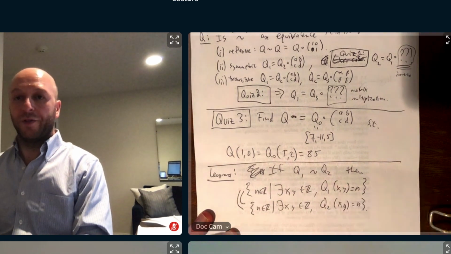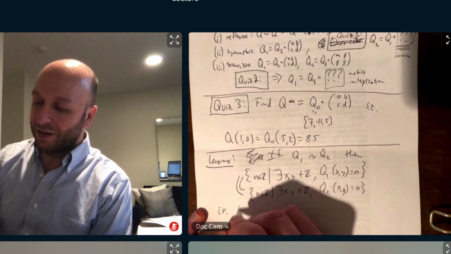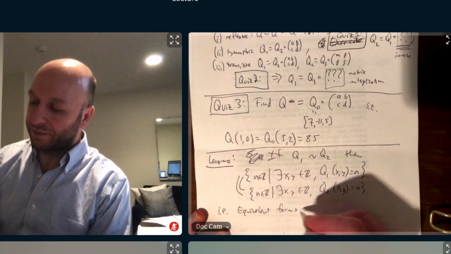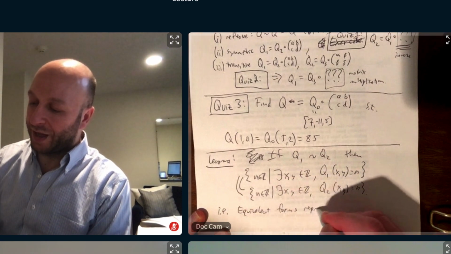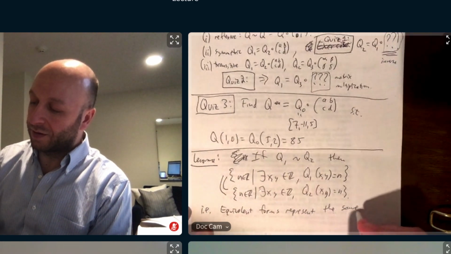In other words, equivalent forms represent the same numbers.